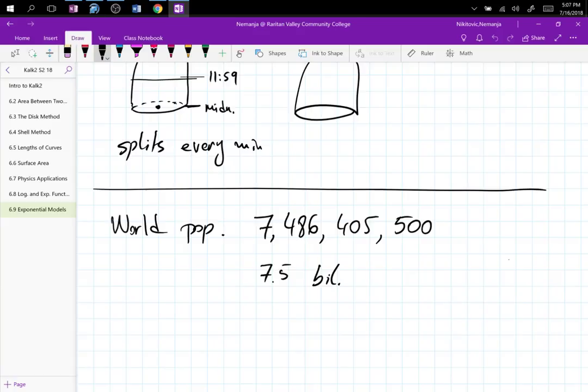You guys are unreliable. So in 1980, so this is 2018, in 1980 the population was 4.5 billion. Look at that big difference.